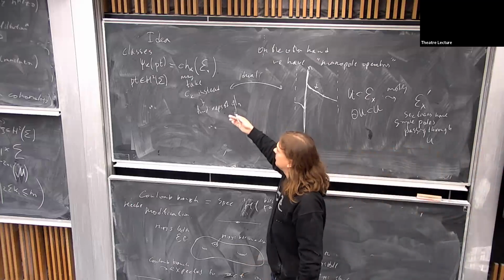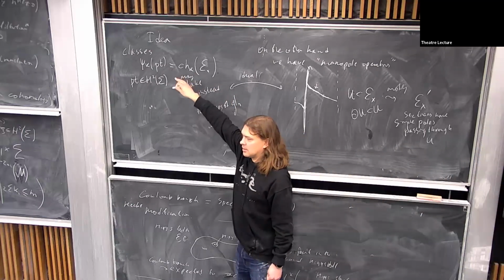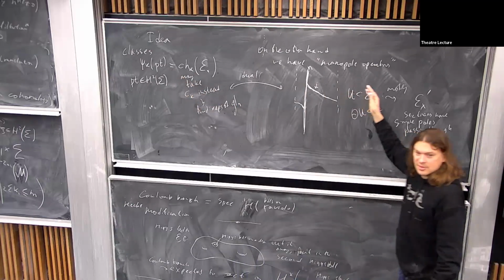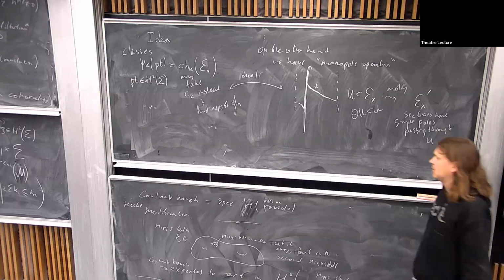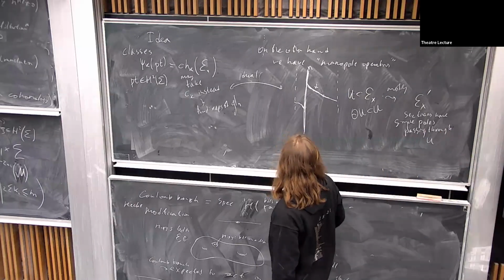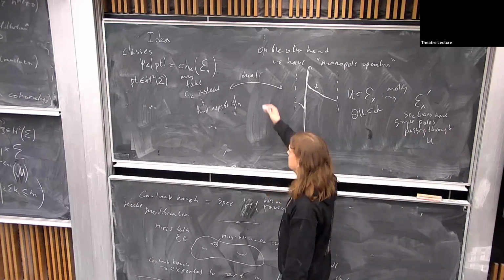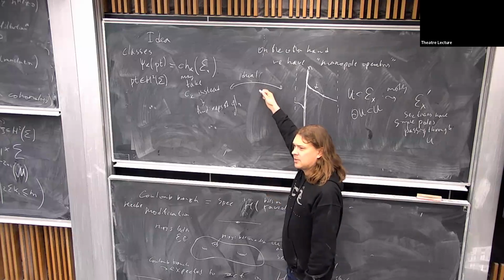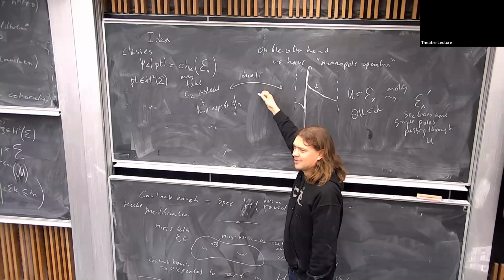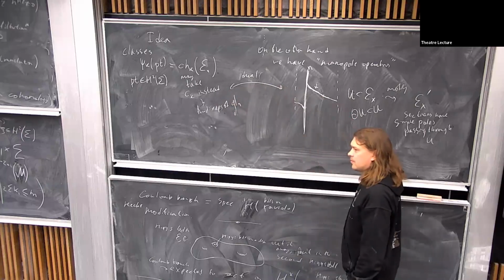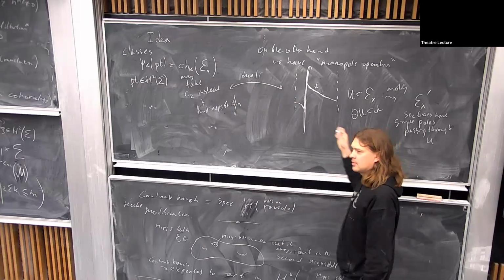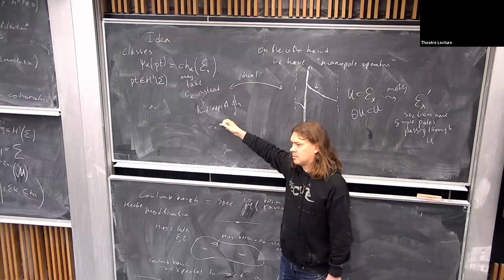If you have some relation between these classes here, you can ask, do we have the same relation between these operators? That's the idea. I don't know. Is this in Witten or some? Because these are called the 't Hooft operators, and these are called the Wilson operators.